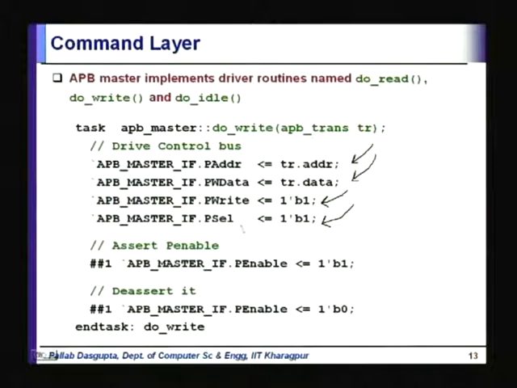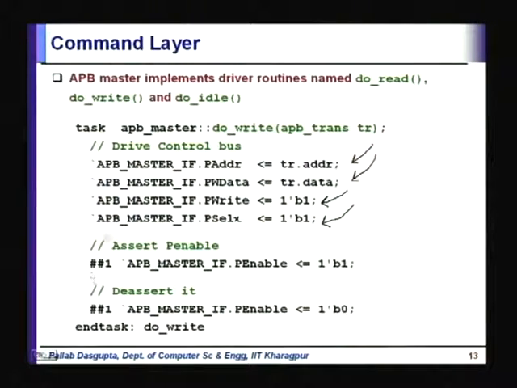So in this transaction, in this TR, it will also be mentioned which device you are referring to, right? Suppose you are referring to X, then this is PSEL X which will be raised here, right? So the select line goes up, the address and data are floated, and PWRITE is 1, indicating that this is a write transfer, right?